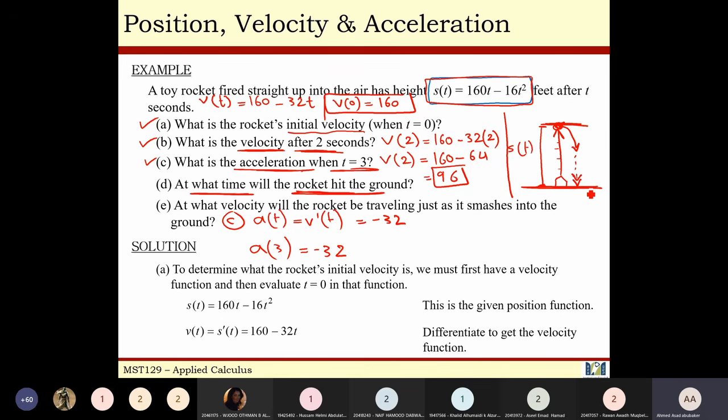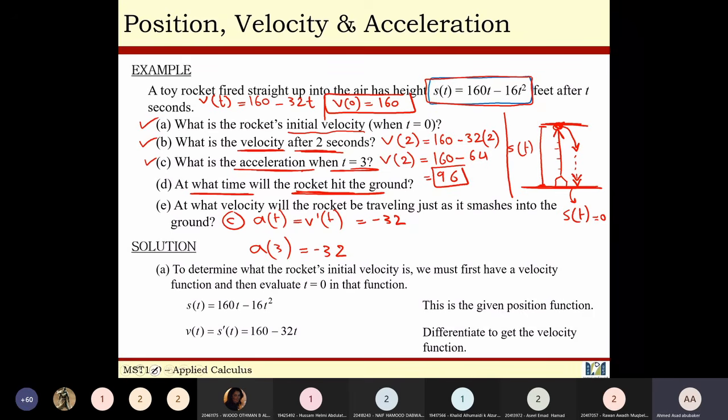So at this moment, the position between the rocket and the ground equals what? It equals 0, because the position value is the distance between the rocket and the ground. After the rocket returns and goes to the ground, the position equals 0.